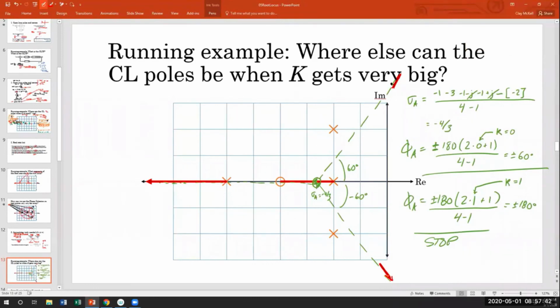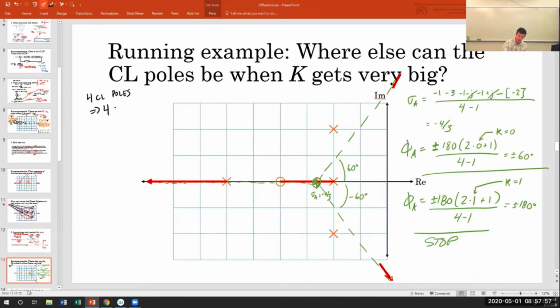Can you explain one more time why it's 3? So I think of it this way: there are 4 closed loop poles, which means that there will be 4 root locus branches, is the term we use.